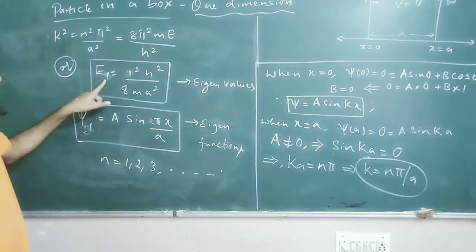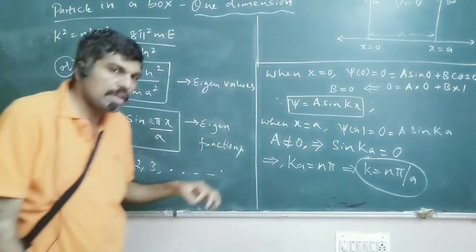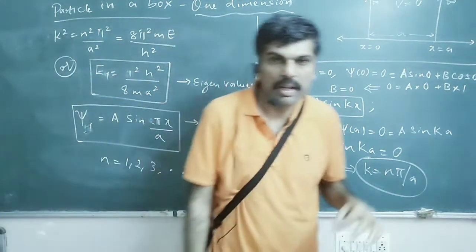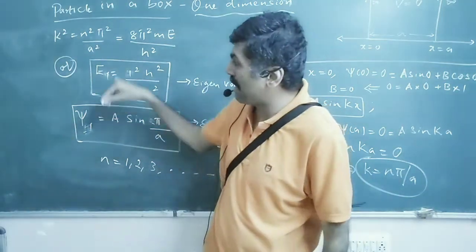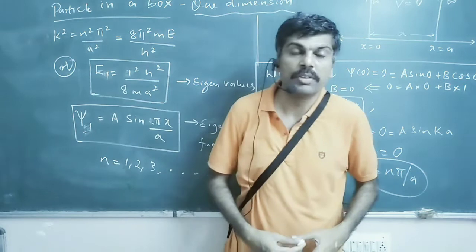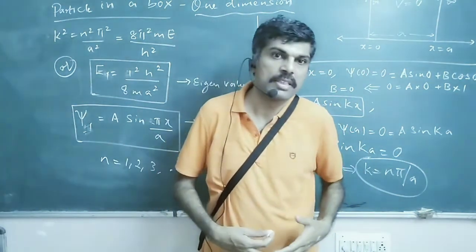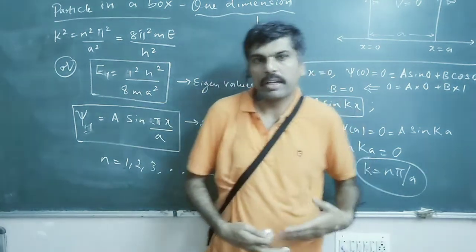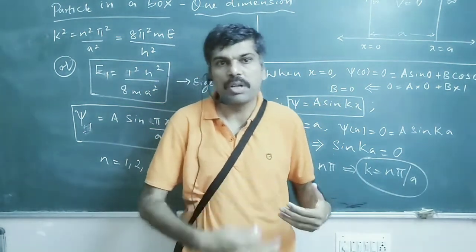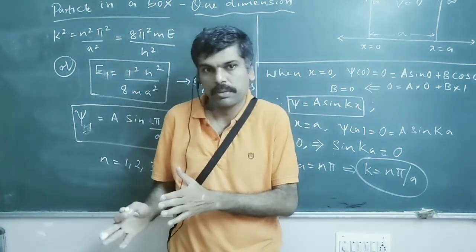So E1 will be equal to h square by 8m a square. So every wave function corresponding to a particular value of n has a particular value of energy, which means that the values of the total energy cannot take any and every indiscriminate value. It cannot vary continuously from 0 to infinity, but it can take only certain specific values.